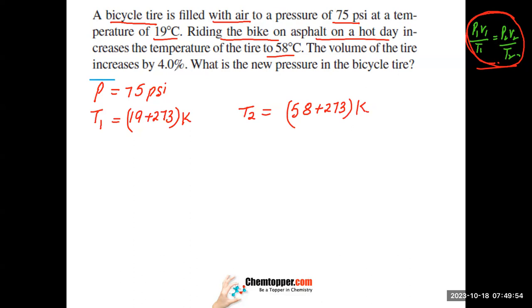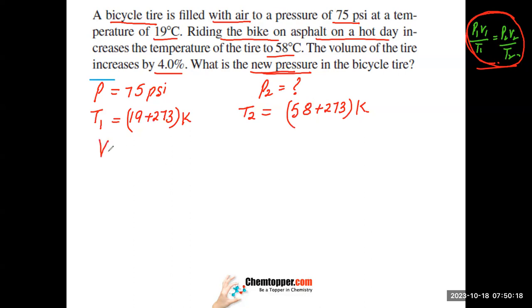The volume of the tire increases by 4% because temperature is changing. They are talking about new pressure. You know that when the temperature changes, pressure also increases. So they are asking for new pressure, P2.